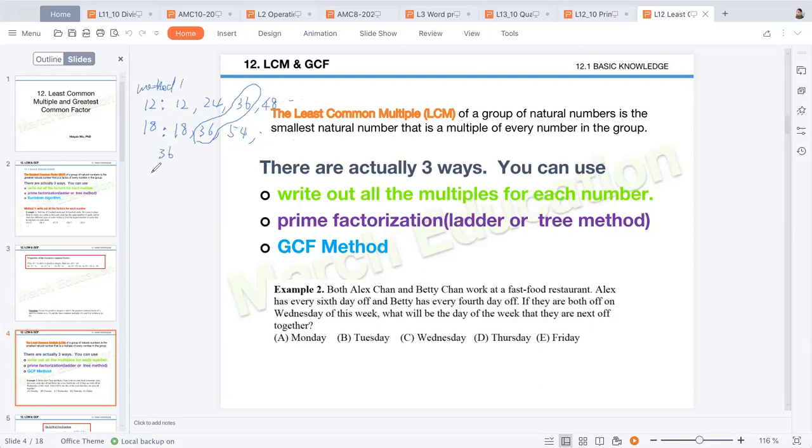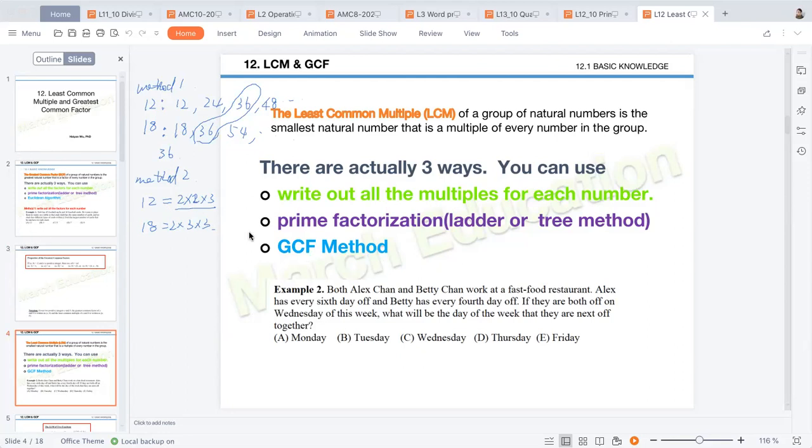And method 2, I also can use prime factorization. 12 is 2 times 2 times 3, and 18 is 2 times 3 times 3. So now we must find a common. In this I have 2, 2, 3. In this I have 2, 3, 3.